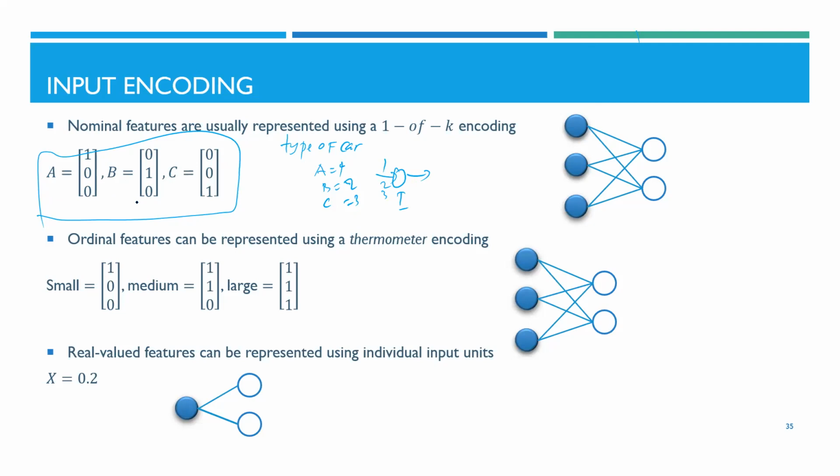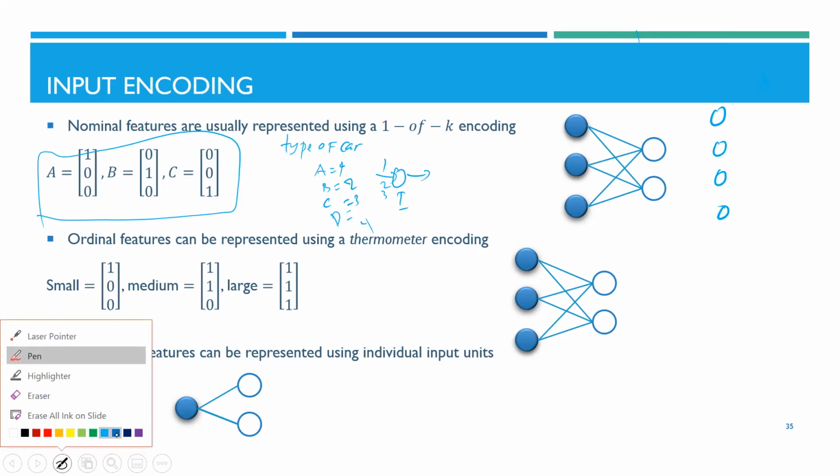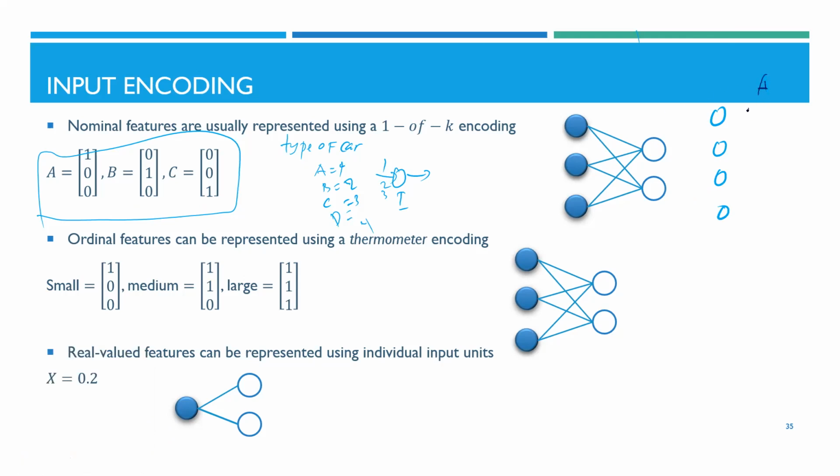If we have a D here, we have one more node, so for A it is 1000, B 0100, C 0010, D 0001. So this is for the nominal feature, nominal attributes.